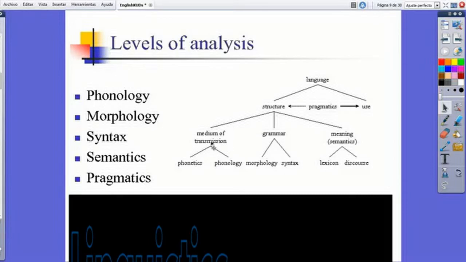Under structure, medium of transmission, grammar, or semantics, the science of meaning. Under the medium of transmission, phonetics and phonology, the sciences of sounds, right? Grammar, morphology and syntax. Meaning, or rather semantics, the meaning related to the words in a language, the lexicon, or the meaning of discourse or of different texts.